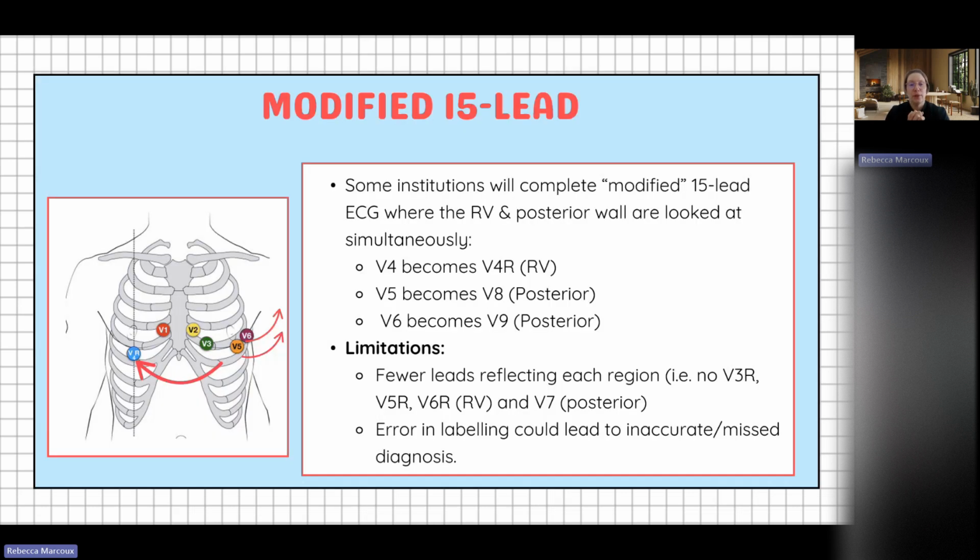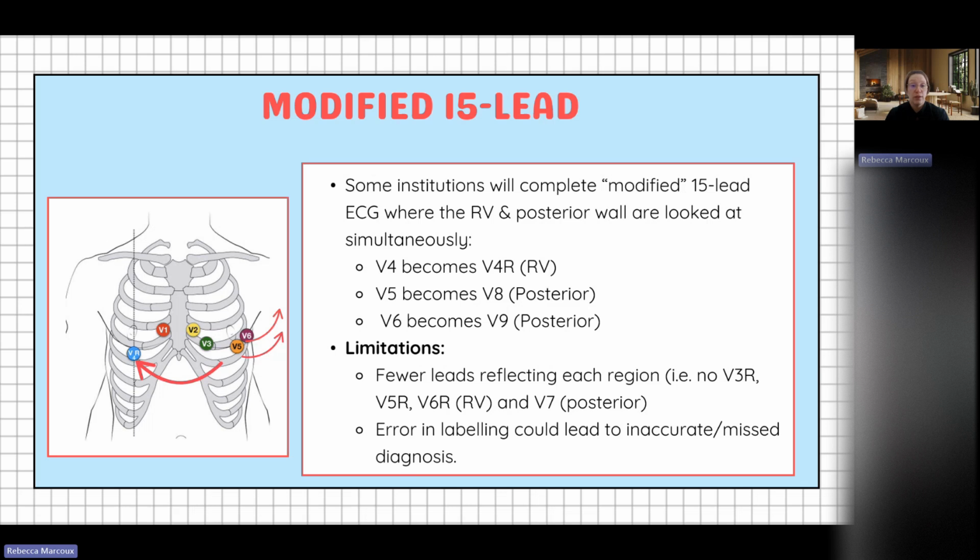Generally, some institutions will complete what's called a modified 15 lead, where you look at the RV and the posterior wall simultaneously. So instead of doing your right-sided and then your posterior, your V4 on your 12 lead would become V4R.